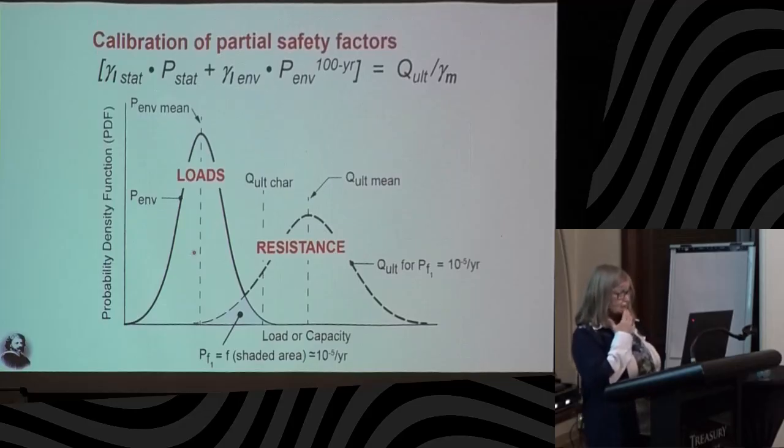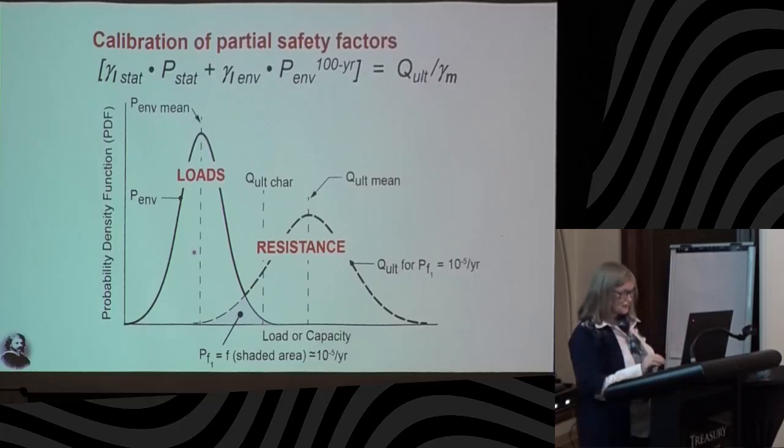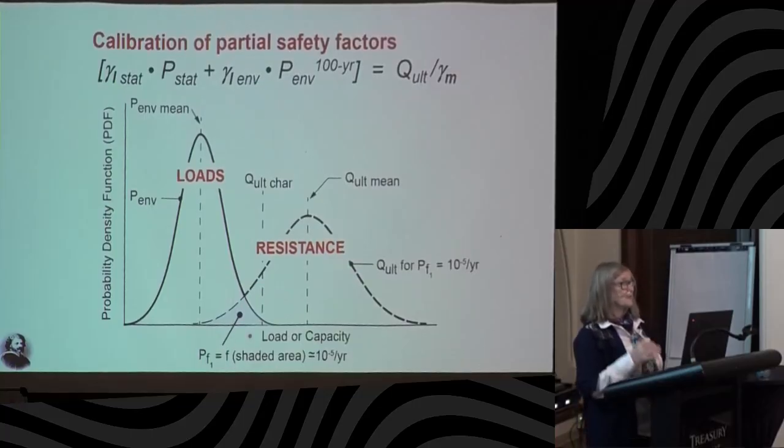So in our calibration, what we did, we calibrated all the model tests, but after that we had 16 sites, not just the 3, but we started with the 3 and then we added more sites. The sponsors were allowed to provide 2 sites each, so that was good. So we had the distribution of the load, maybe it looked like this, and the resistance maybe looked like this. And this is what we're interested in: what is the probability of failure, and what should be the material factor for it.